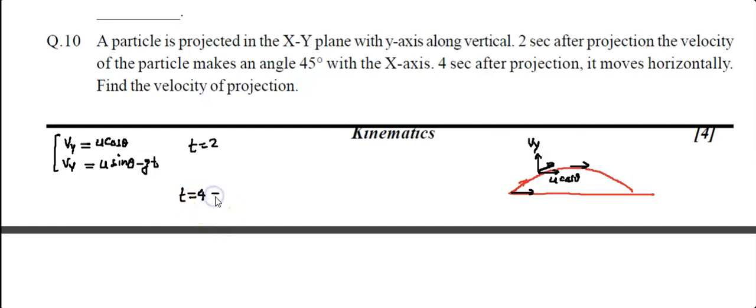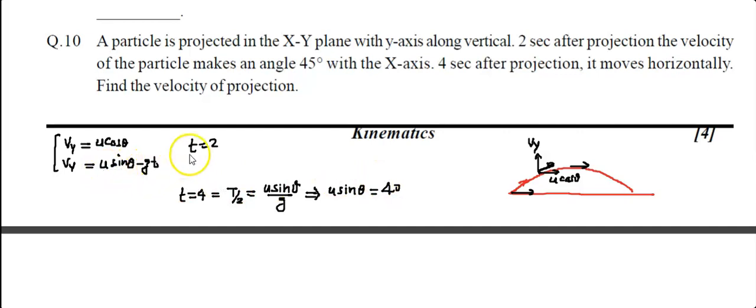So this is basically T by 2. And we know T by 2 is equal to u sine theta by g. So from here you can find another equation, that is u sine theta by g is equal to 4. So u sine theta is equal to 40. Now you can place this u sine theta over here.